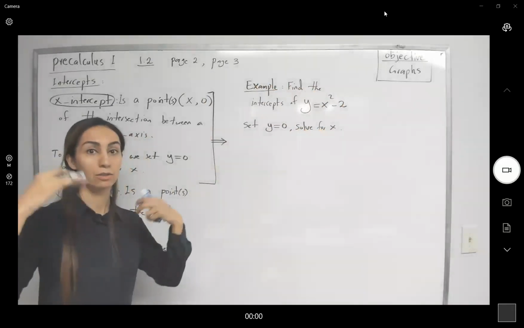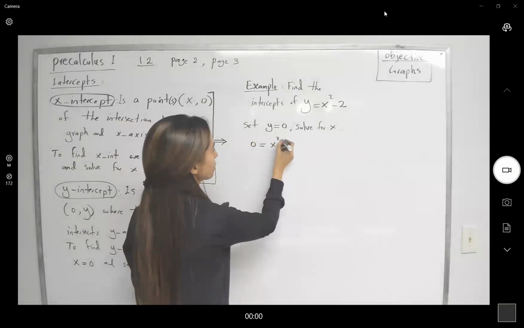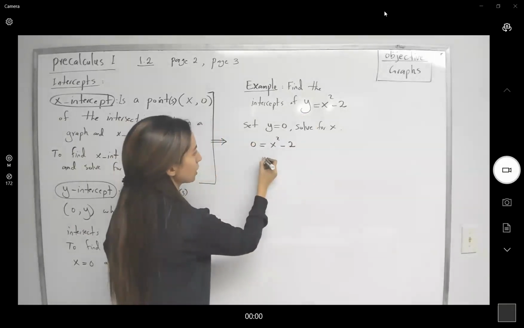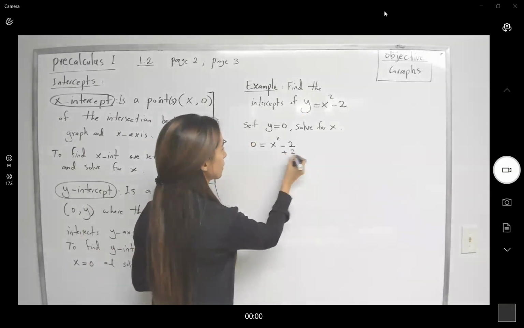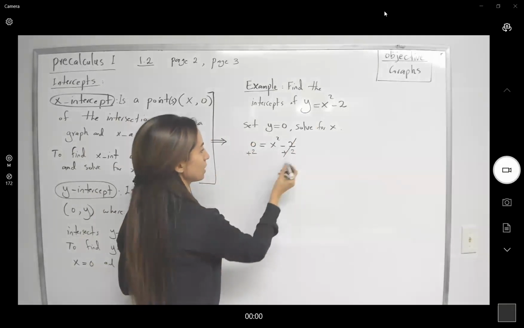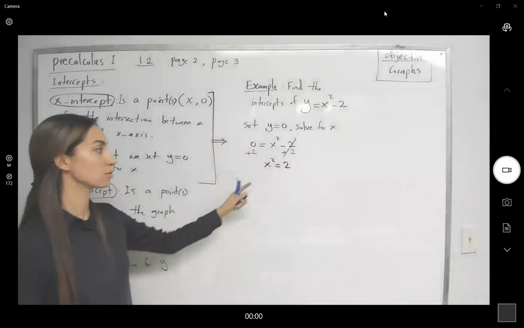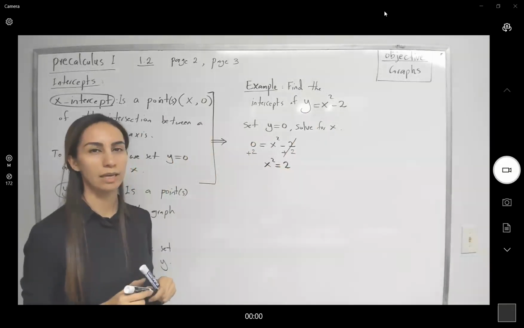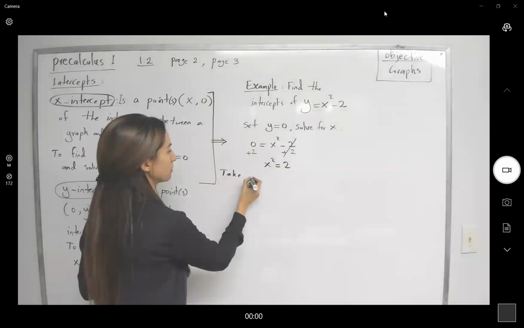So we are going back to algebra. Here you get 0 equals x squared minus 2. So you add 2 to both sides. So x squared is equal to 2. Now to get rid of exponent 2, take radical. Take square root of both sides.